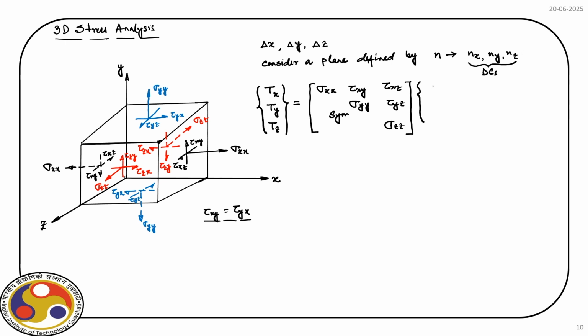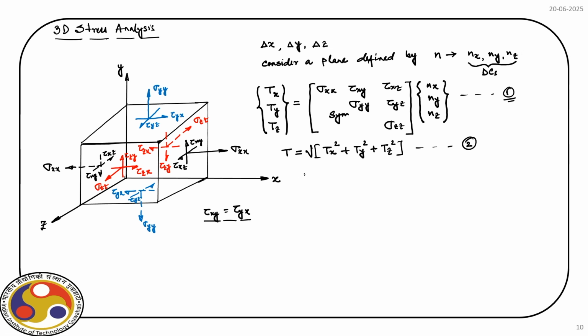This will be multiplied by nx, ny and nz. That is what we derived in our last class. So, that is the first equation that we consider today, and the total traction T, that is square root of Tx square plus Ty square plus Tz square. That is equation 2.